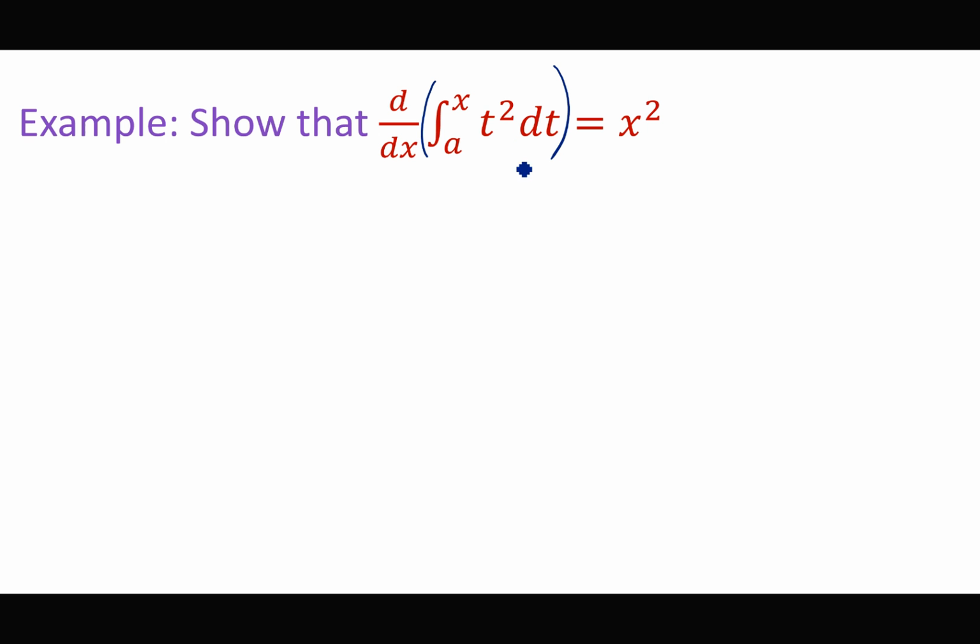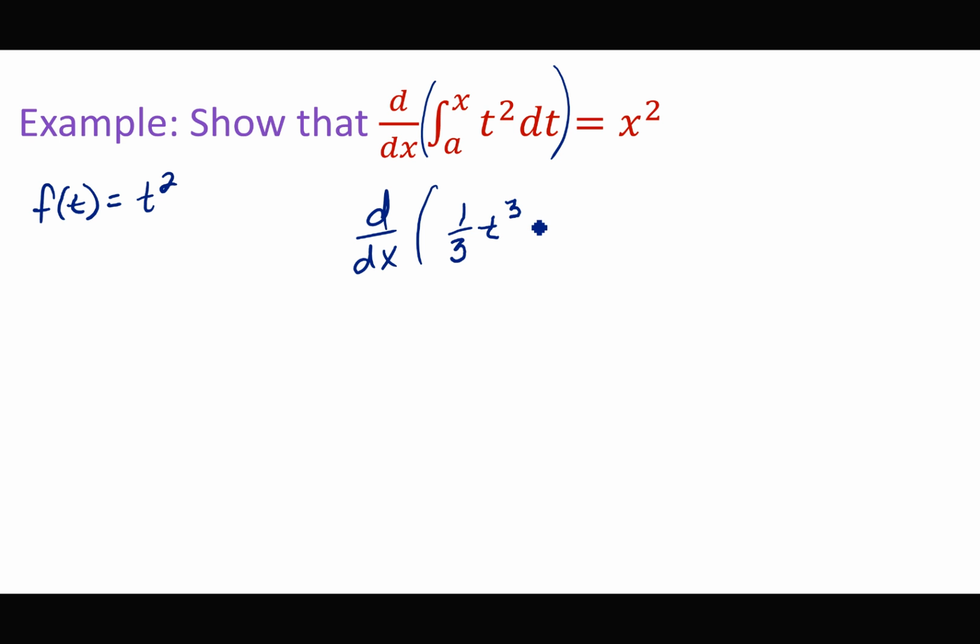Okay, so I know my function in terms of t is t squared. How we were working with it before, in part 1 of the fundamental theorem of calculus, is our integral of f of t. So in this case, our f of t is t squared. We're going to take the derivative of the antiderivative. So what's the antiderivative of t squared? 1/3 t cubed.